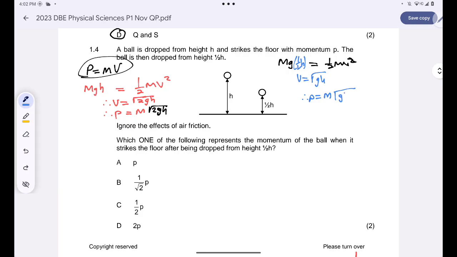Our velocity is just the square root of gh. They wanted us to find the momentum of, let's call this one momentum 2. Momentum 2. This was momentum 1. They want us to find momentum 2 in terms of p, right?